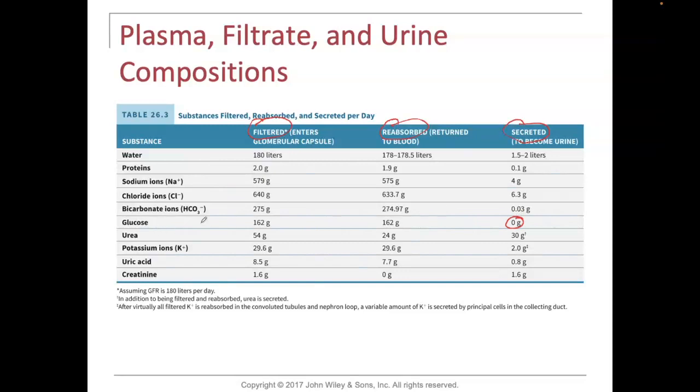If you're spilling sugar into the urine, that's an indication of diabetes. Okay. Let's look at creatinine. We're filtering 1.6 grams of creatinine. We don't want to reabsorb any. We want to be able to push it out.